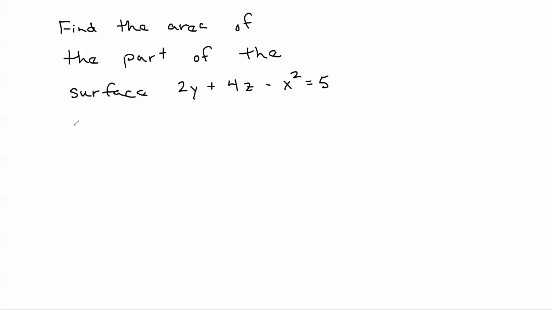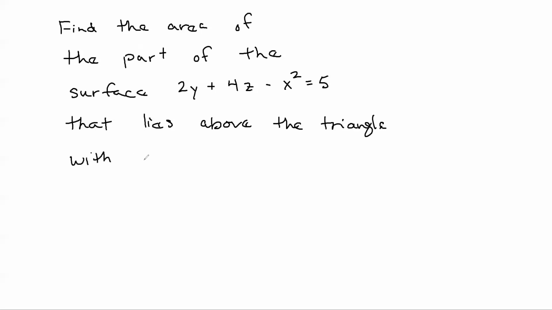All right, so there's our surface. And then we're also told that it lies above the triangle with vertices 0, 0, 2, 0, and 2, 4.